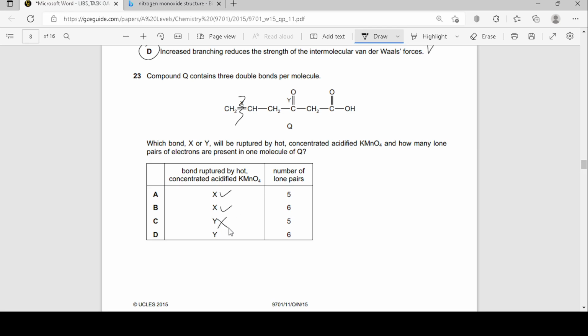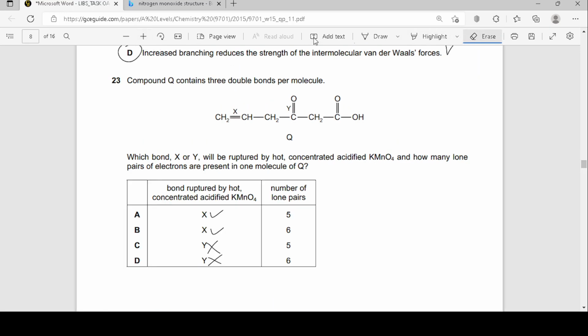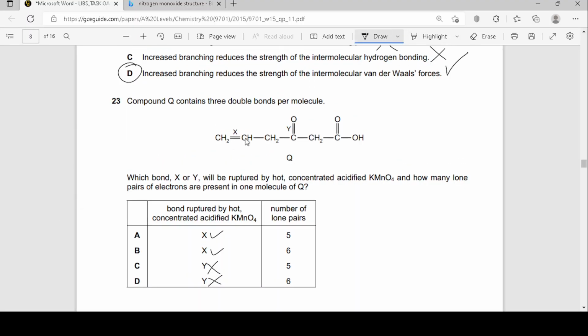So X is the first part of the answer, and then the number of lone pairs of electrons present in one molecule of Q. C is always bonded to 4 electrons pairs usually in organic chemistry, so I can disregard the carbons and discard everything except the oxygens.